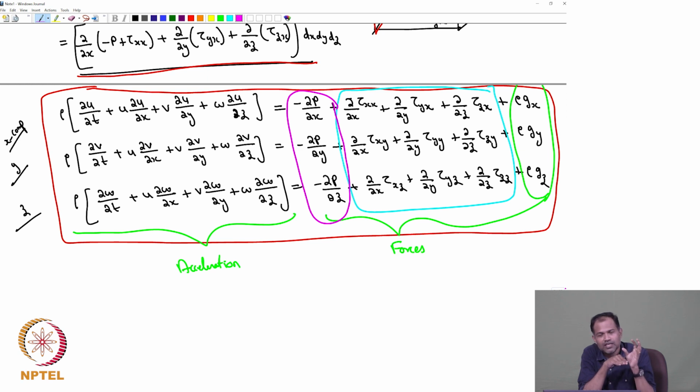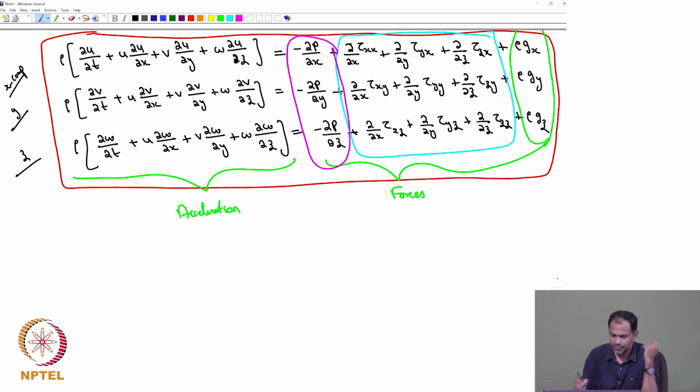If you write stress in terms of velocity gradients, the unknowns, the stresses, will go away, and instead we are going to get velocities. So, we can try to do that now. Each of these quantities τxx, τyx, τzx can be written down in terms of viscosity.